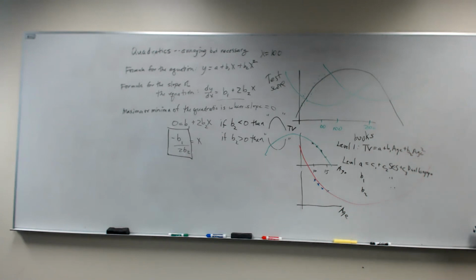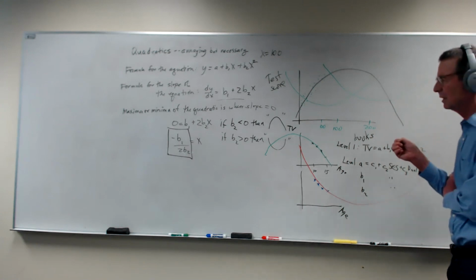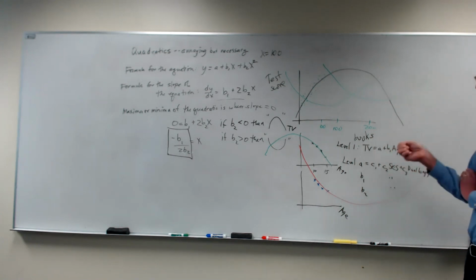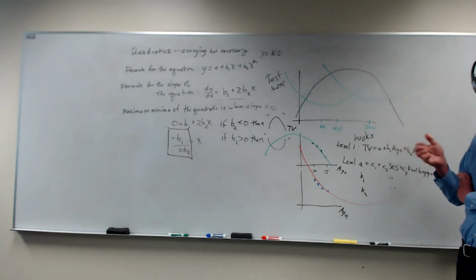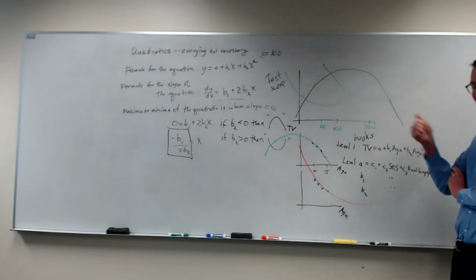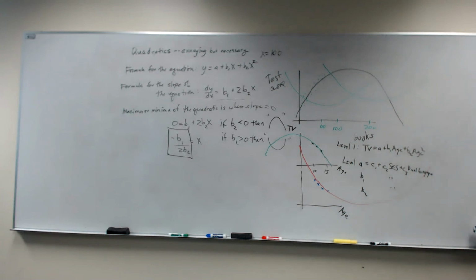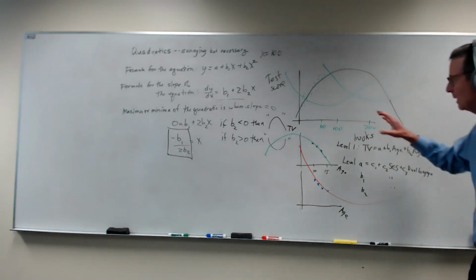But that they used a quadratic is almost completely irrelevant for the basic purpose of the article. When you're throwing in a bunch of control variables, if things really aren't linear with the variable that you're throwing in, then you should put in some other form. You should put in dummy variables. You should put in a log linear relationship. You should put in maybe a quadratic, because the quadratic probably doesn't do that badly.